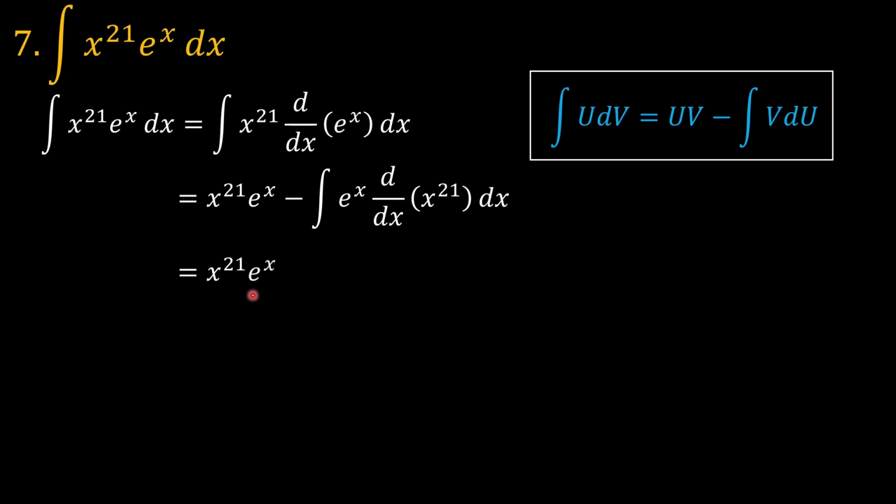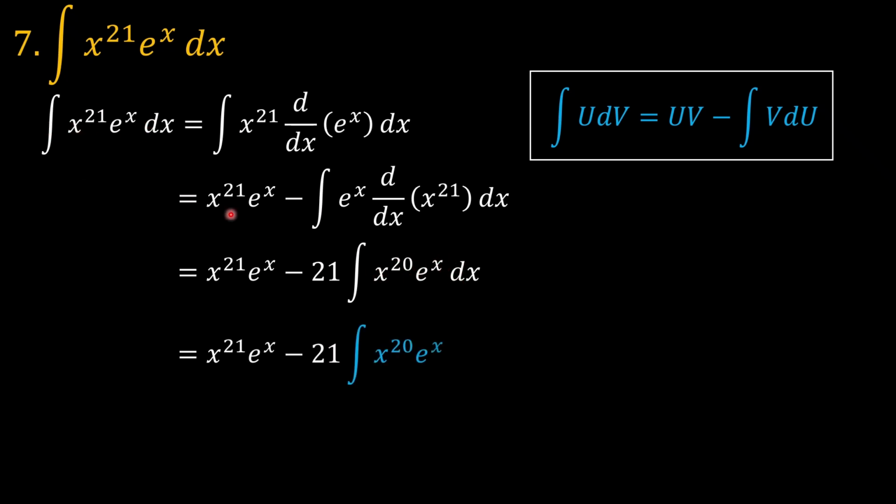So we have x to the 21 times e to the power x, and now the derivative of x to the 21 is 21 times x to the power 20. We repeat this same problem because now we have an integral that is very similar to our original integral, only that x to the 20 is what we are having here.